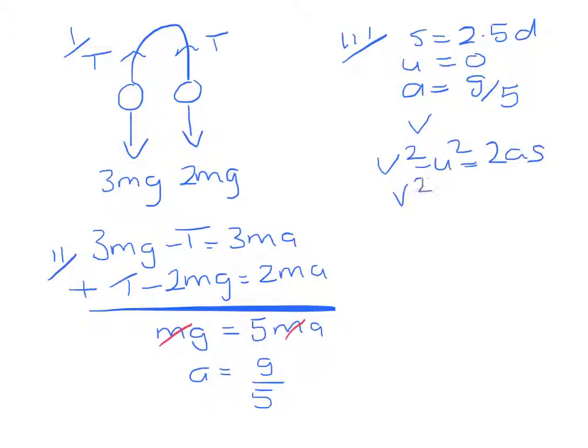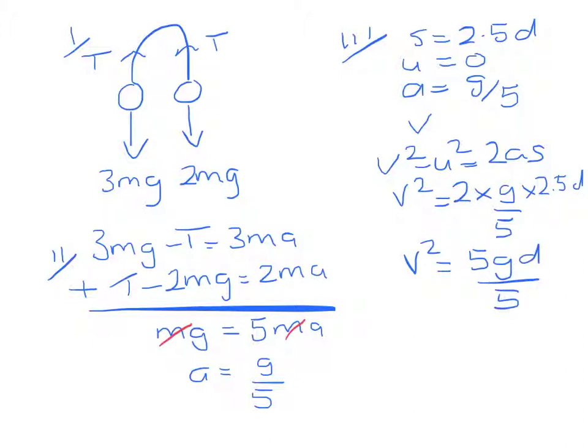So v squared equals 2 times g over 5 times 2.5d. v squared equals 5gd over 5. The 5's cancel. v squared equals gd, so v will be the square root of gd.